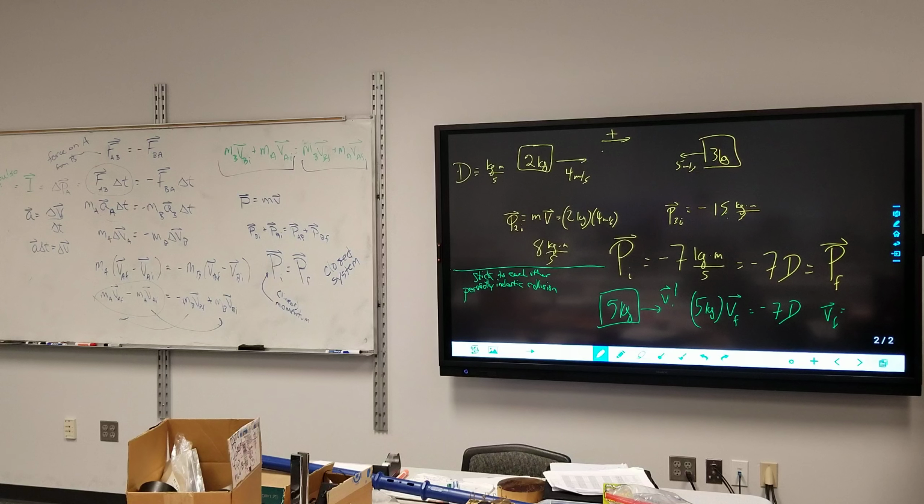Let me rewrite it in the math, as math would write it: 5x equals -7, that's the math problem. 7 over 5. Negative 1.4. Units? Meters per second?